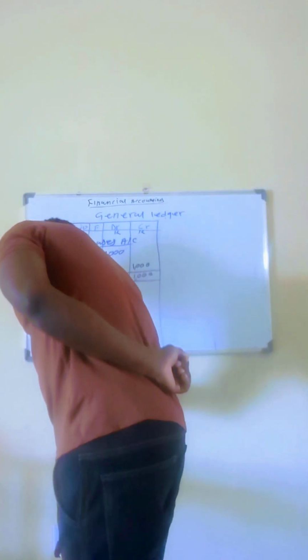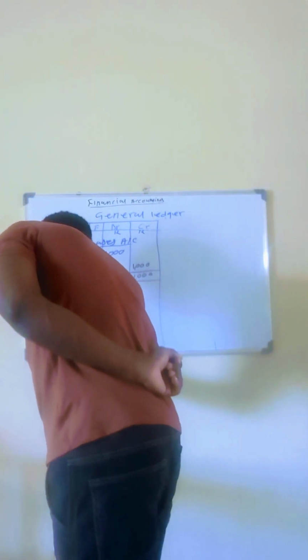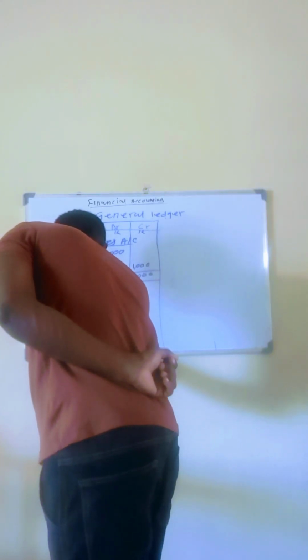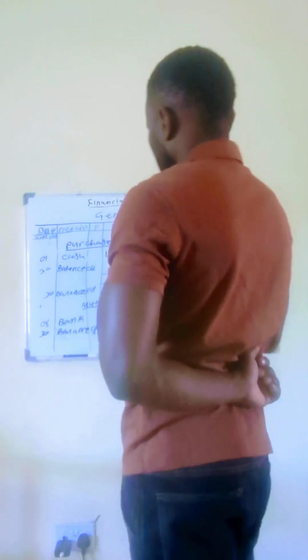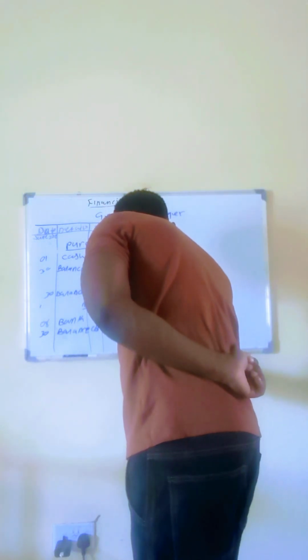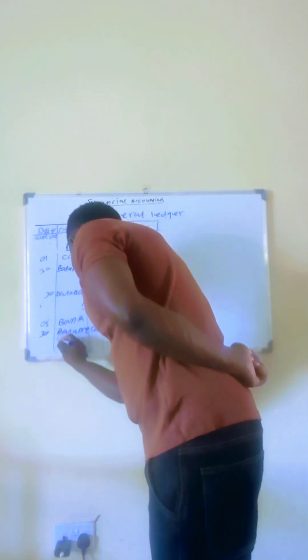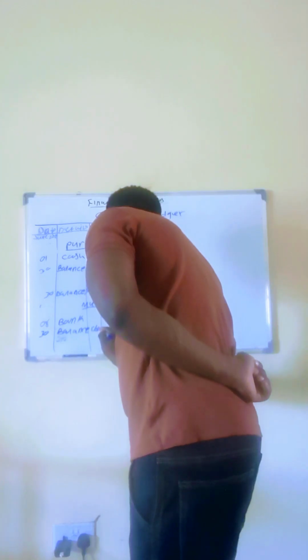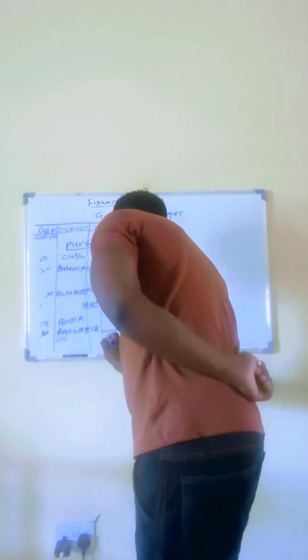We have the balance carried down, which is 500. So we balance it off this way.